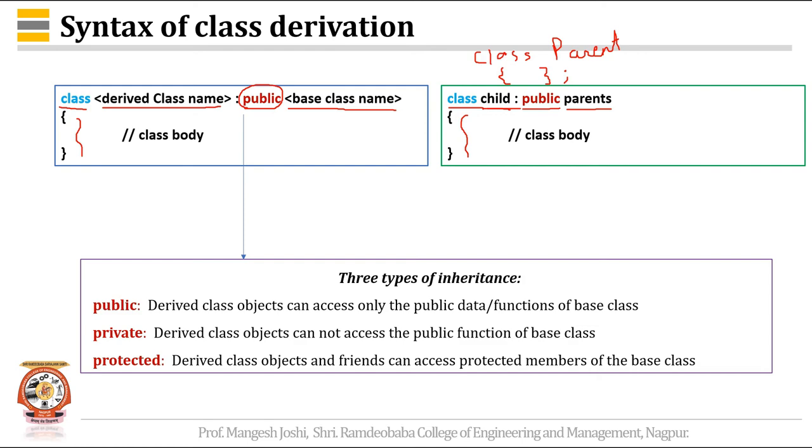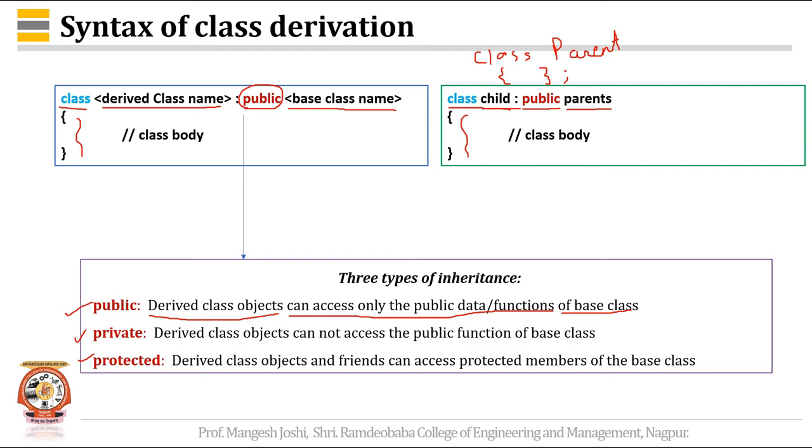Now we will discuss this public keyword. Depending on which keyword you use over here, that is public, private or protected, the type of inheritance changes. Now if you use the public keyword, derived class objects can access only the public data or functions of the base class.